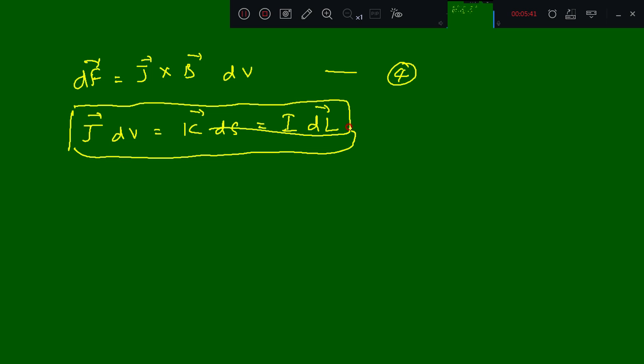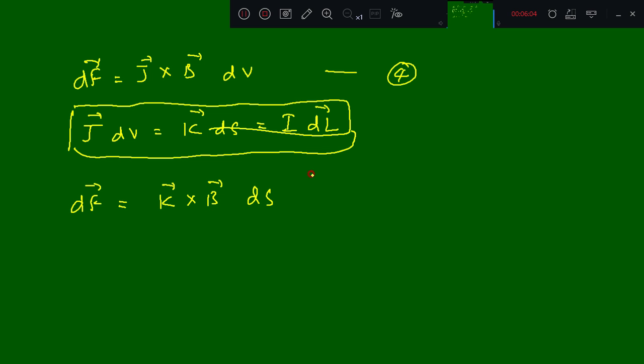Then the force exerted on the surface current density is given by dF equals K cross product with B into ds.